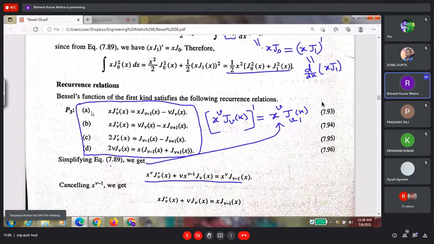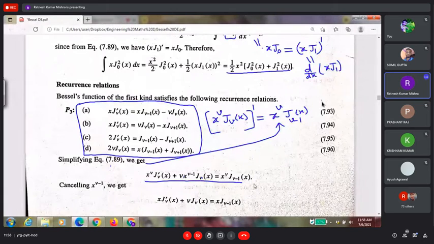First we prove A. We know that this is properties. First property I have written. The left side is differentiation of this term with respect to x. So x के power v का differentiation v into x के power v minus 1, and jv is as it. X के power v is as it, and differentiation of jv j dash v. This is, and right side is as it. Now in both sides cancel the term x के power v minus 1. So we can write this one.